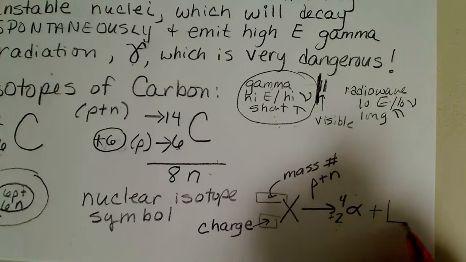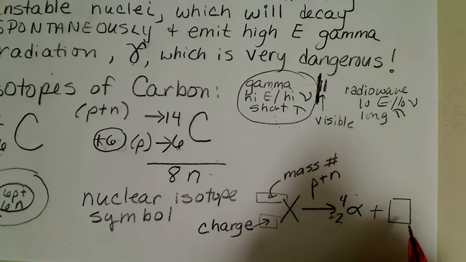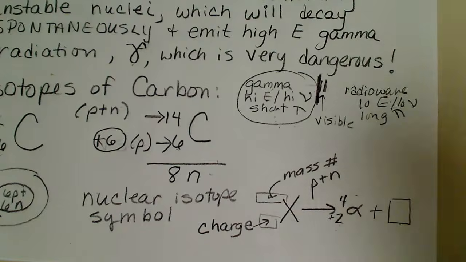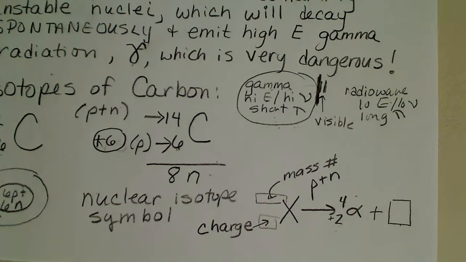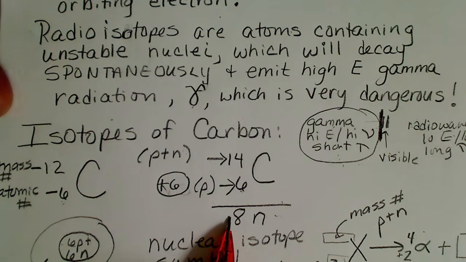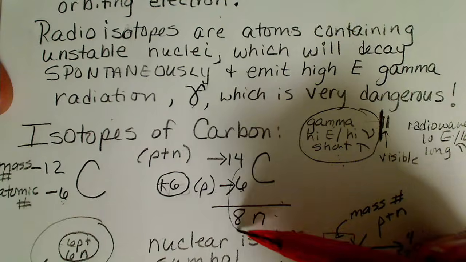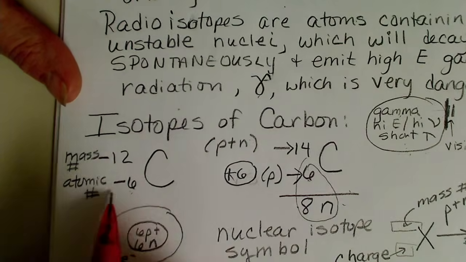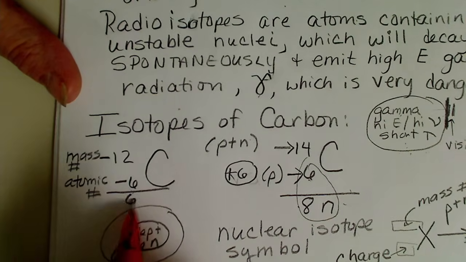So whatever our unknown nucleus is, when a nucleus undergoes radioactive decay, it actually becomes a new atom. For example, carbon-14 is radioactive. We'll see later that it's unstable because the protons and the neutrons are quite different. Carbon-12 is very stable.